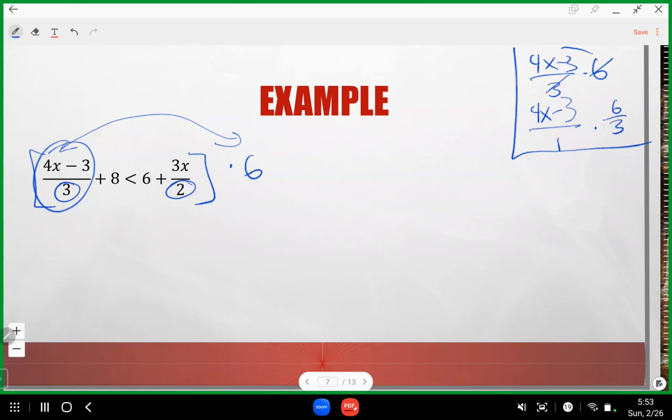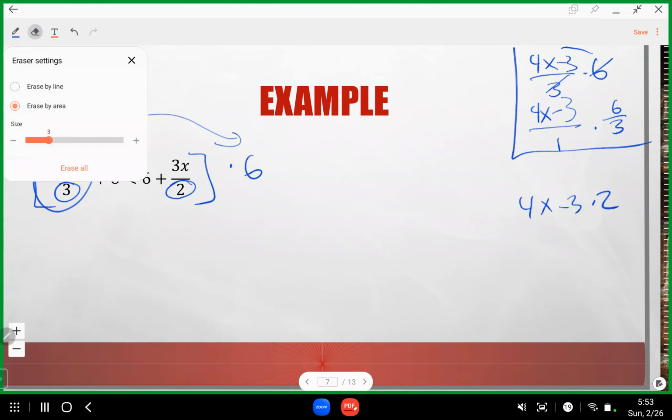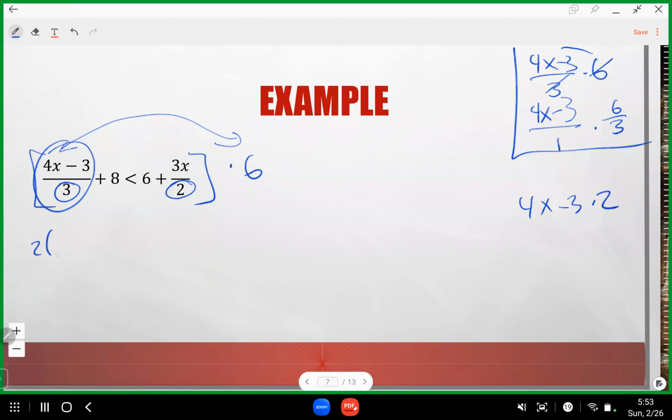So essentially, you're multiplying like this. 4x minus 3 times 6 over 3 is going to be 4x minus 3 times 2. So that's essentially what we're doing, right? So instead of multiplying everything out, you can actually just multiply 4x minus 3 by 2.